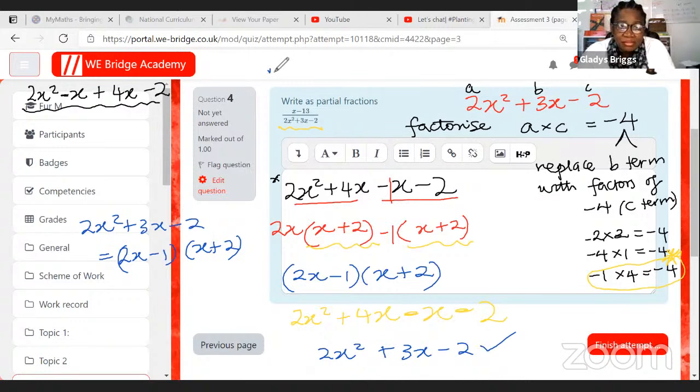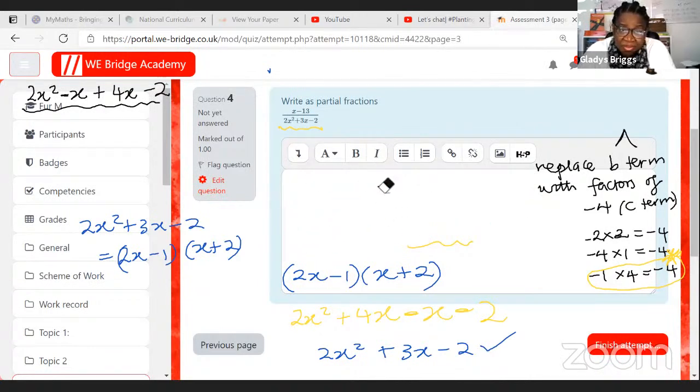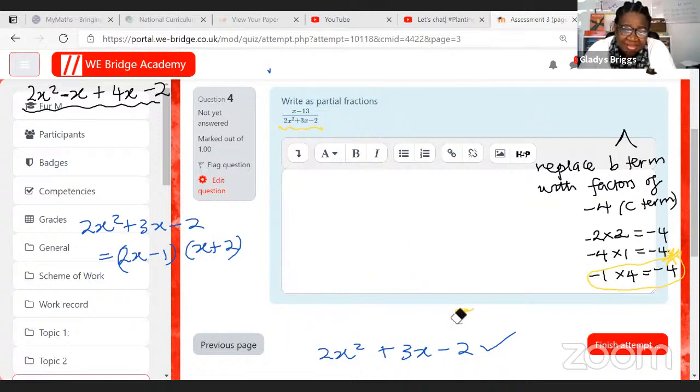So let's now go to the partial fractions way. Probably in your exams, I'm going to skip that step. I'm not going to put that step for you, okay? I'm just going to leave it for you like something like this.